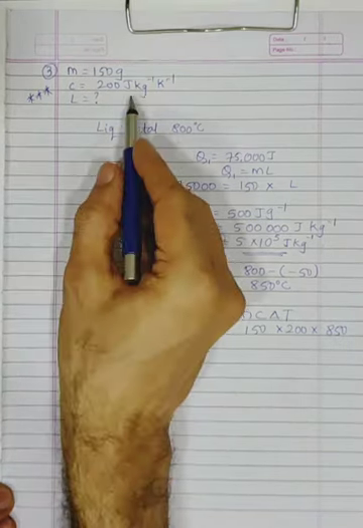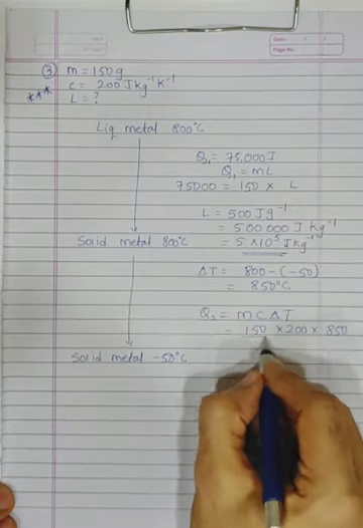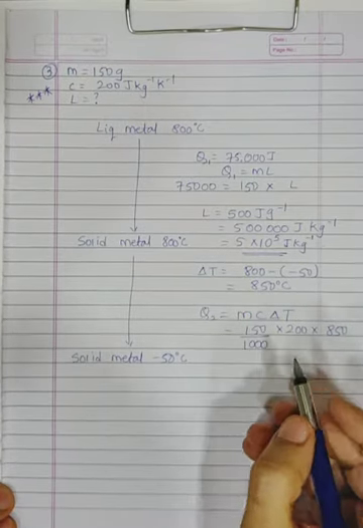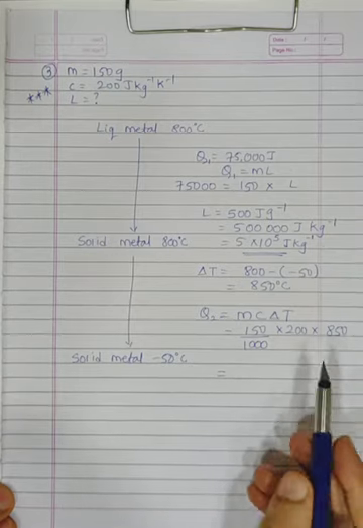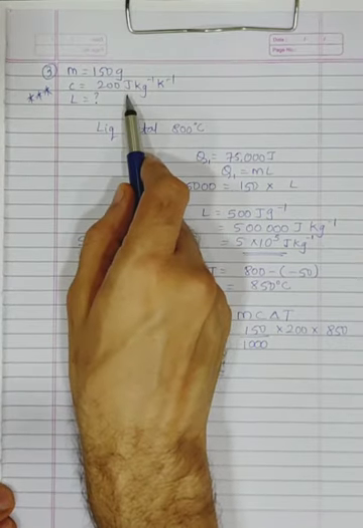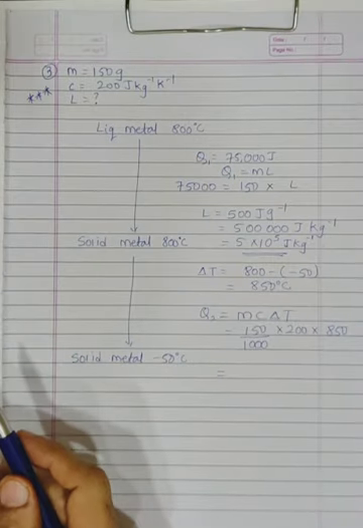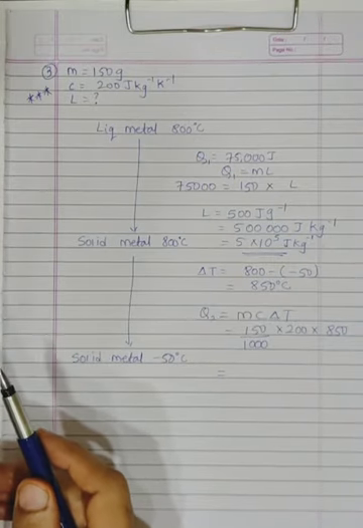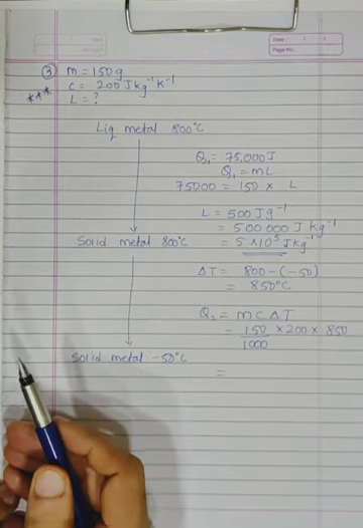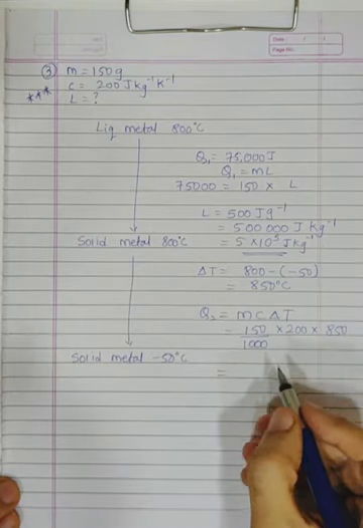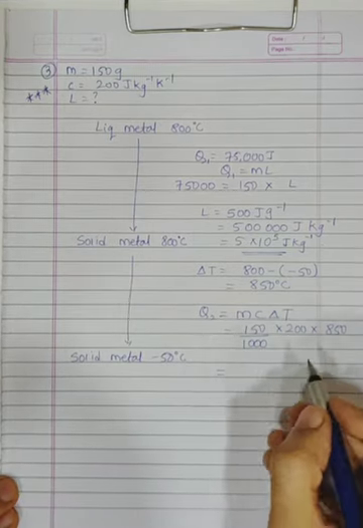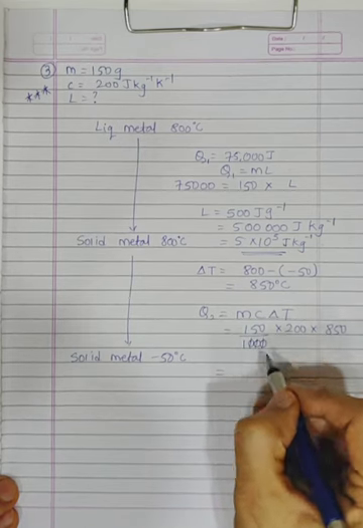So this c is in joule per kg, right? So I'll convert this gram also into kg. We have two options, either convert gram to kg or convert this joule per kg into joule per gram. I converted gram to kg this time. Now what will be the total Q? You have to cancel 1, 2, 3 zeros.